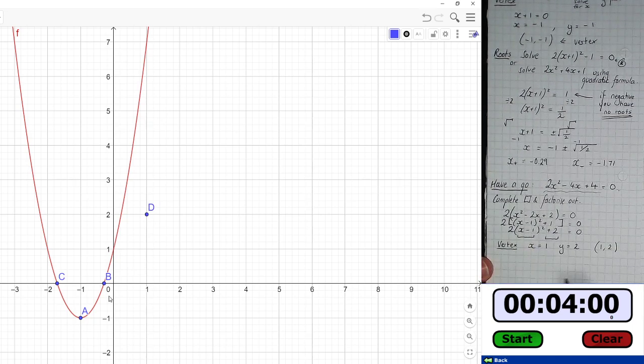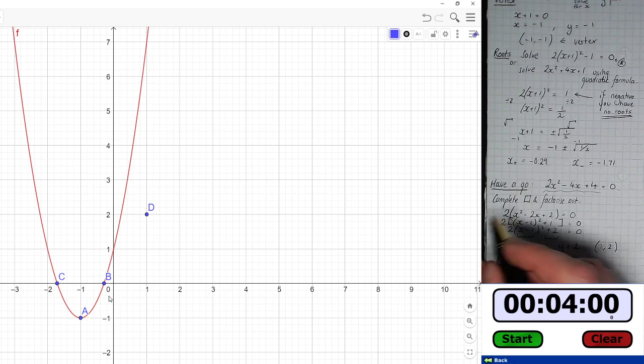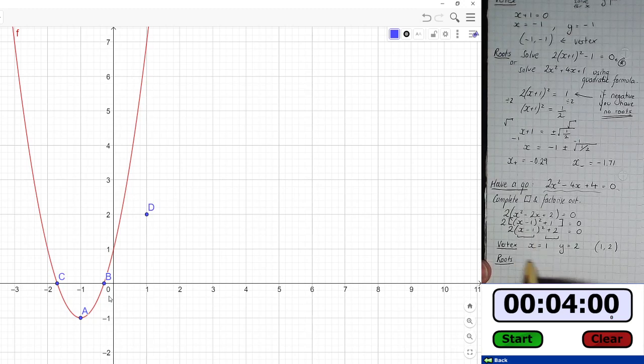Next thing, roots. Shall we use the quadratic formula? No, I'm not going to. So roots.